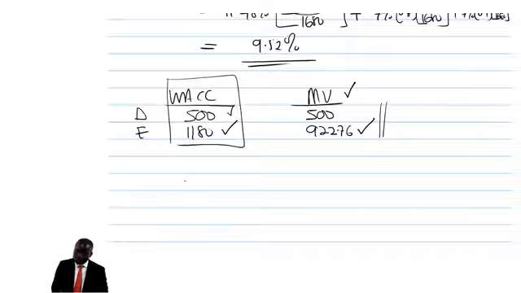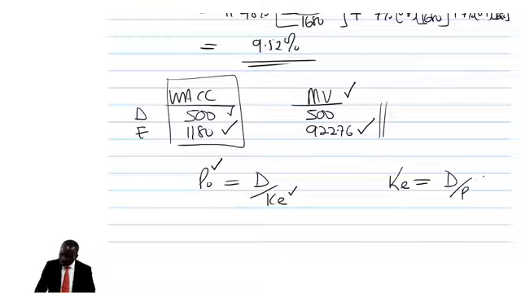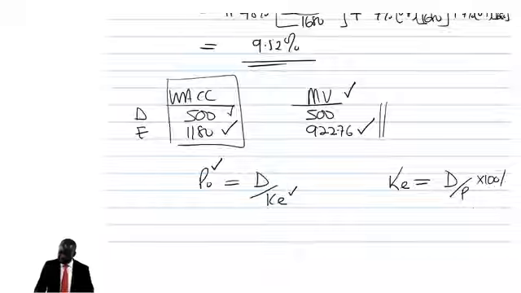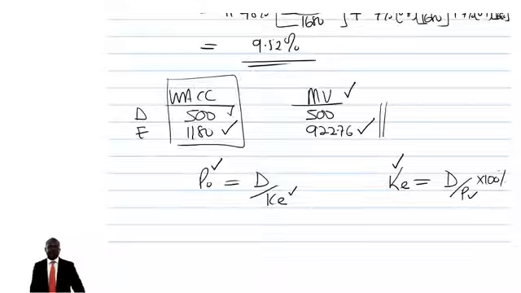When you calculate cost of equity using the dividend valuation, we said if the dividend is constant, then my market value will be equal to D divided by cost of equity. So to calculate this value, I need this cost of equity. When to calculate the cost of equity too, we said cost of equity is the dividend divided by P0 multiplied by 100%. To calculate this cost of equity too, I need market value.